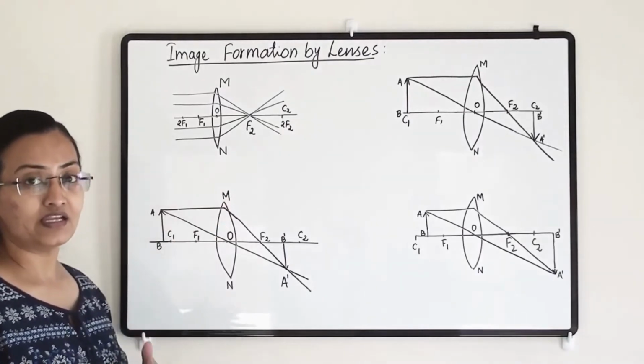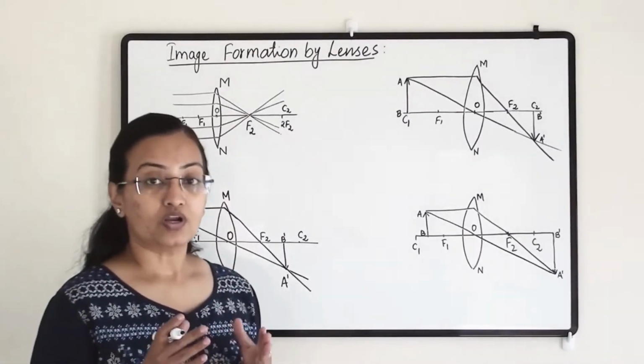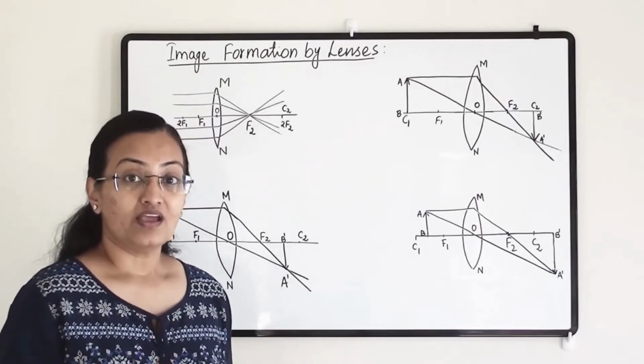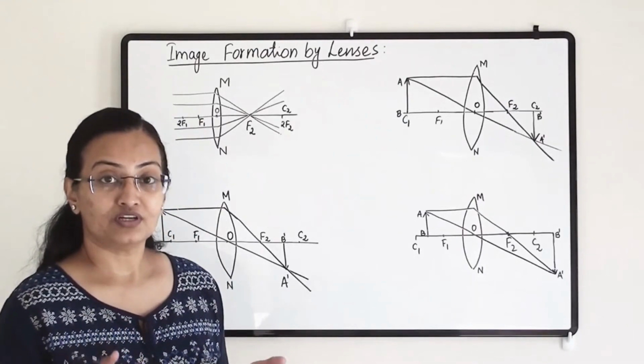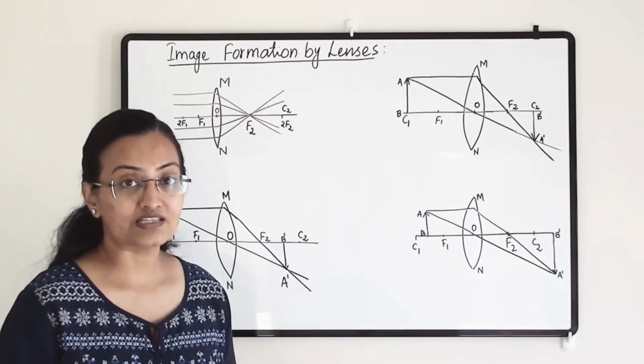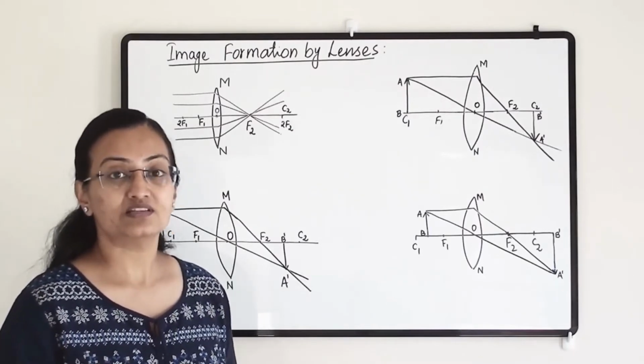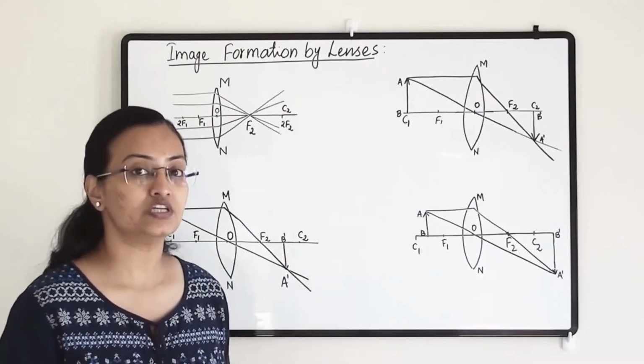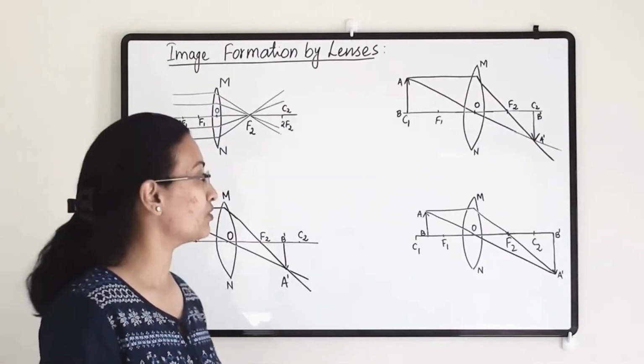If you have any doubt about what a convex lens is, how many focus points it has, and what the centers of curvature are, please refer to my previous video and then come back to this video. It will be much easier to understand all this terminology.